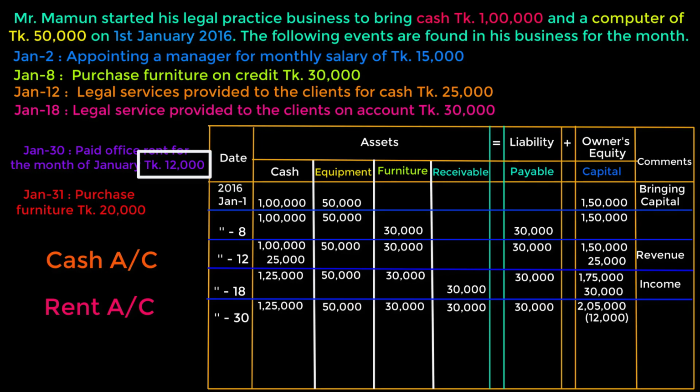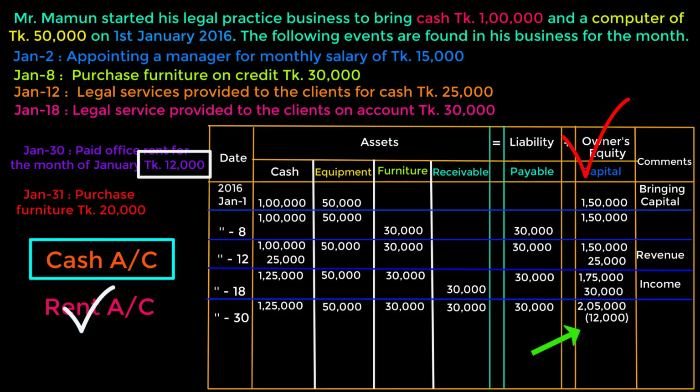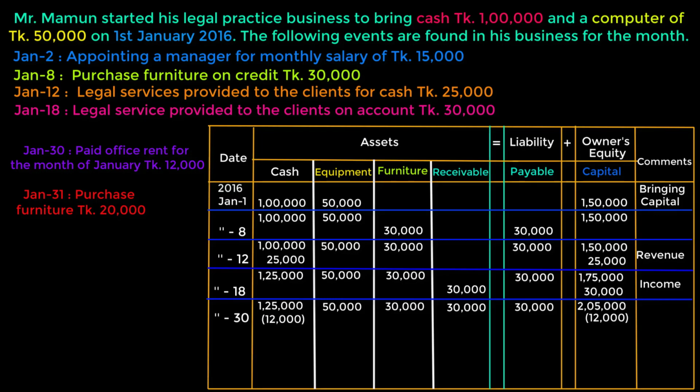As we have already got minus here in this right hand side for one account, then the other account, that is cash account, also will be minus here in this left hand side. So we can write 12,000 taka here in this cash column within a bracket like this. Again, we will draw a line like this and write the balance like this.